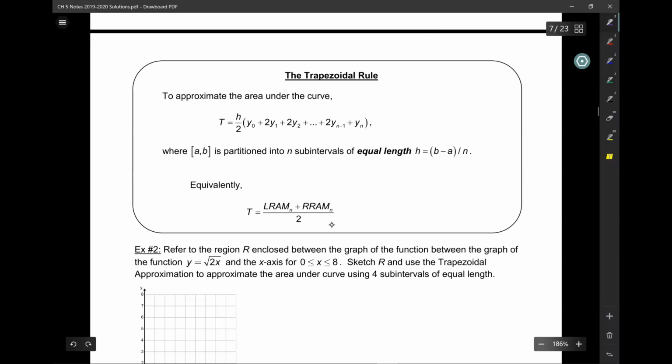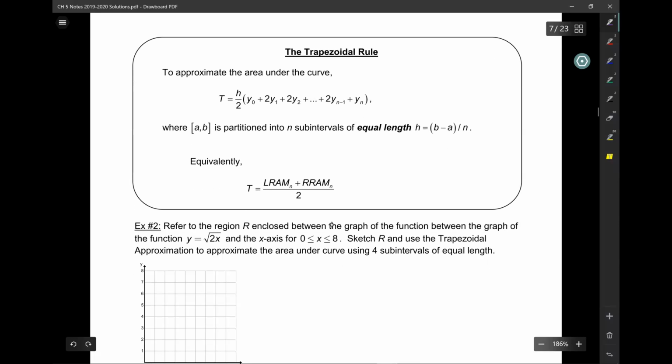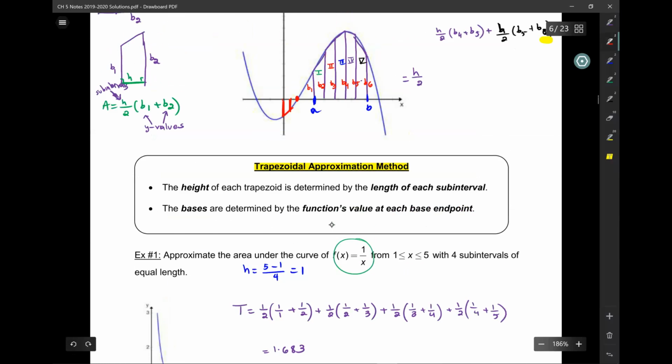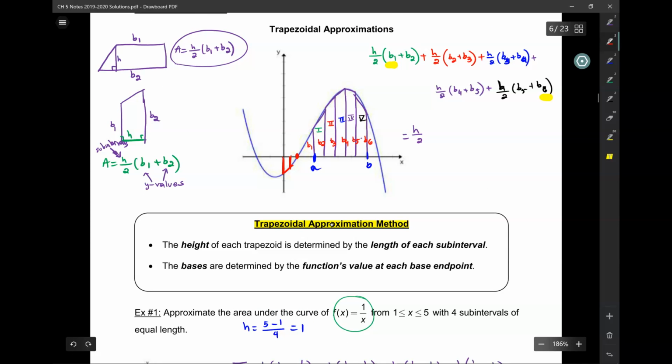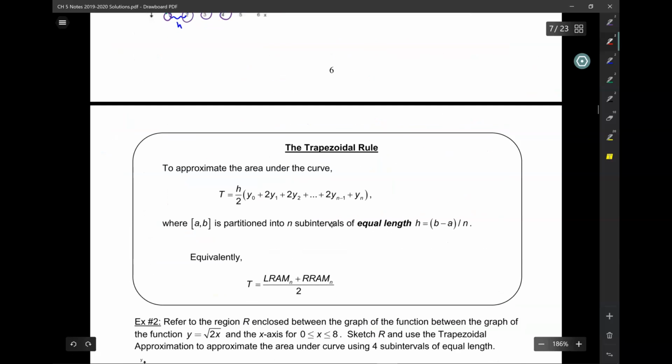Partitioned into n subintervals of equal length. Okay, so to approximate the area under the curve, this is what we were just talking about. You notice how we have h/2, right? We can take out the h/2 one time.